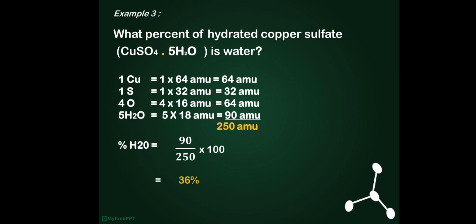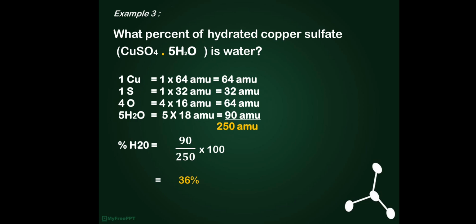Since in the water part there is a number of molecules of the compound, this is 5. So get the atomic mass of hydrogen and oxygen. Okay, why did it become 18?